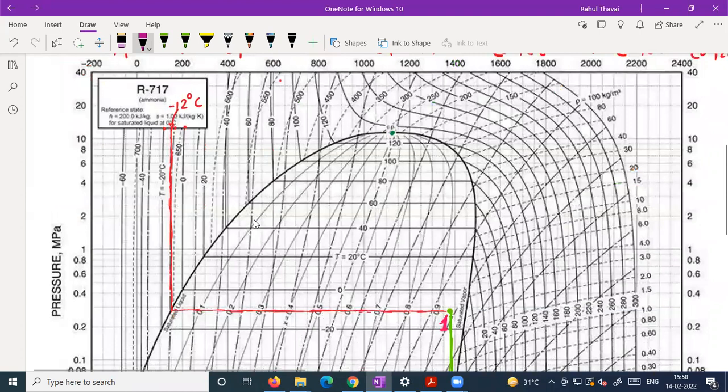You see this is the 20°C line, and this is the 40°C line. Somewhere here it is 30.